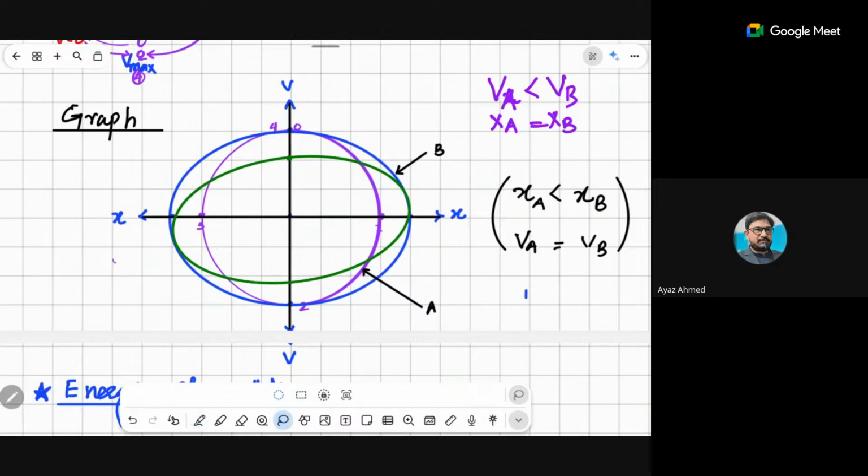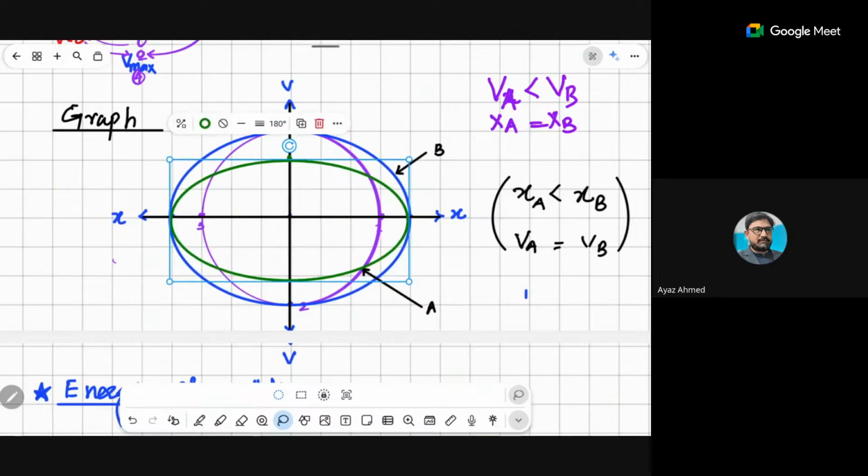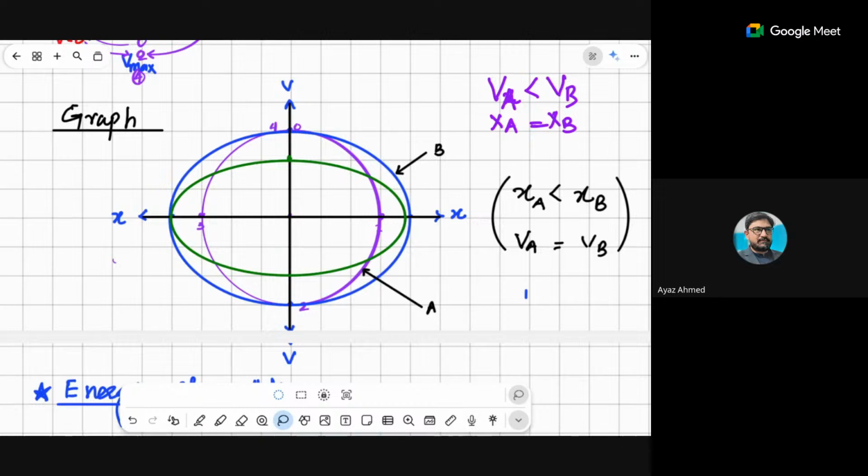I'm just drawing with the help of software. For the students, roughly it can be an oval or a circle; it is not mandatory to be a perfect circle. So for this green graph, the displacement is the same, but the velocity is different. Is this all clear to everyone? Okay, that's it.